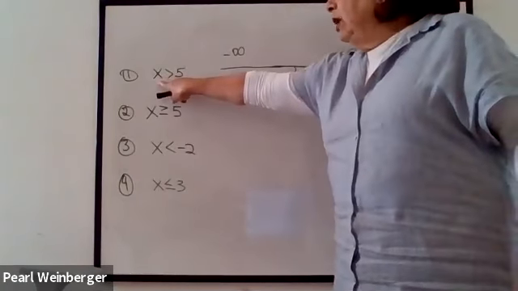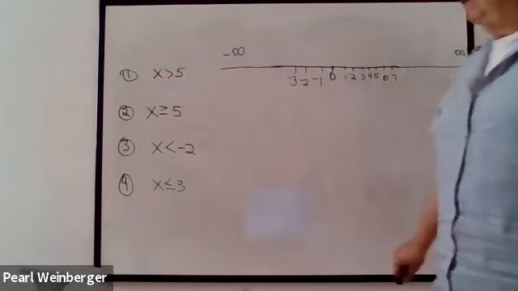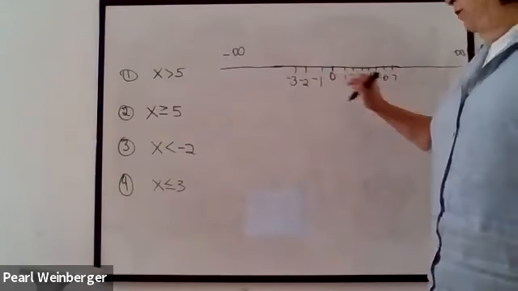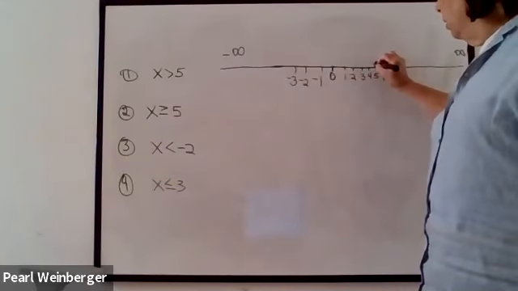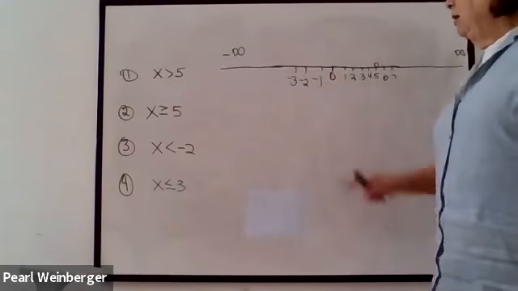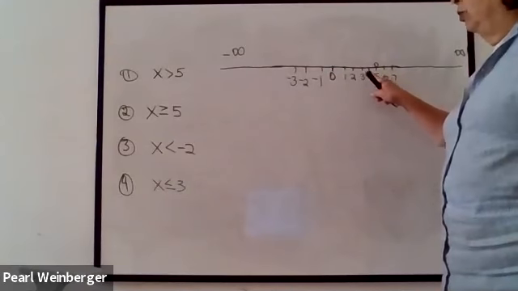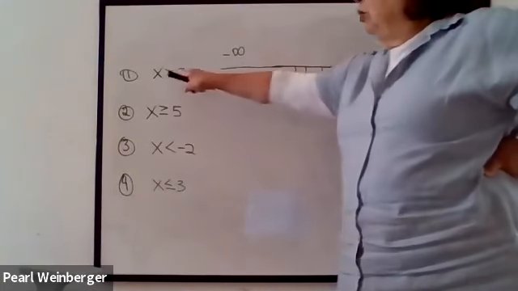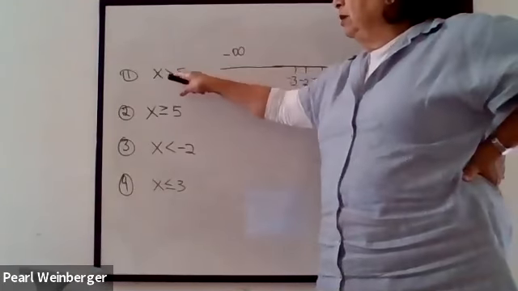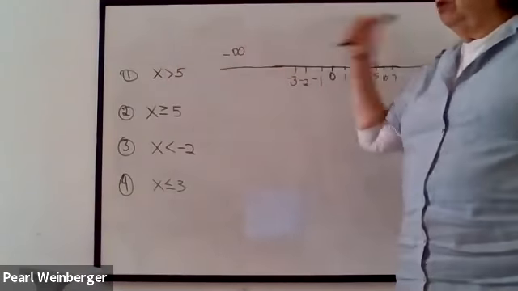How do we picture x greater than 5? How do we graph it? So we start at the 5, which is right here, and we make an open circle. And from that circle, we make an arrow going to the right. Notice how this looks like an arrowhead? It's pointing to the right.